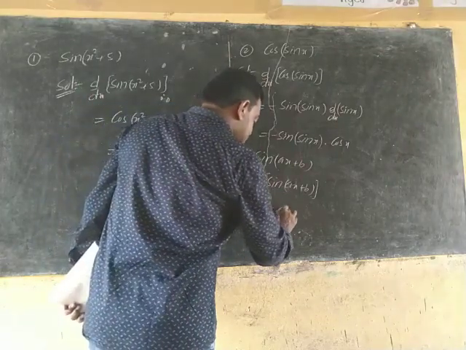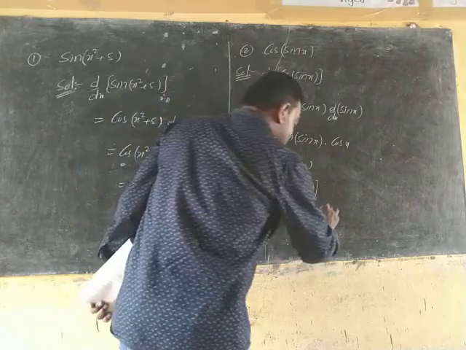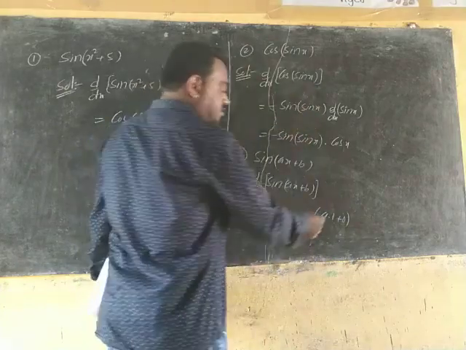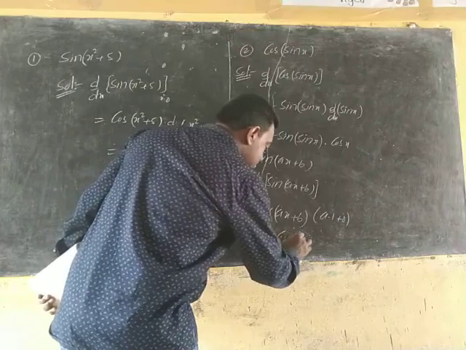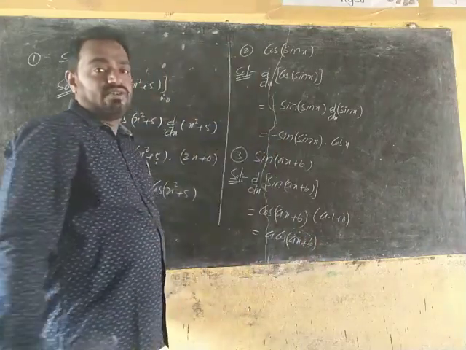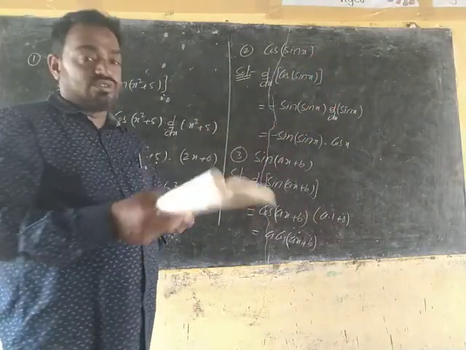So cos of ax plus b. Ax plus b derivative: a into x derivative 1, b derivative 0. a into 1 is a, plus 0 is a. So this is equals to a cos of ax plus b.